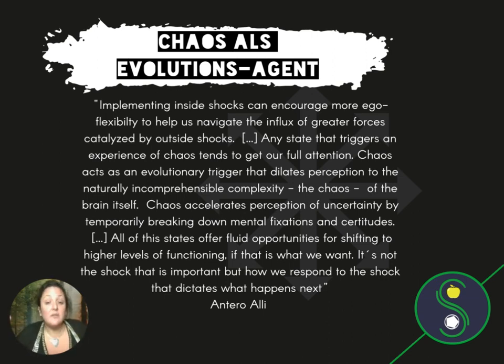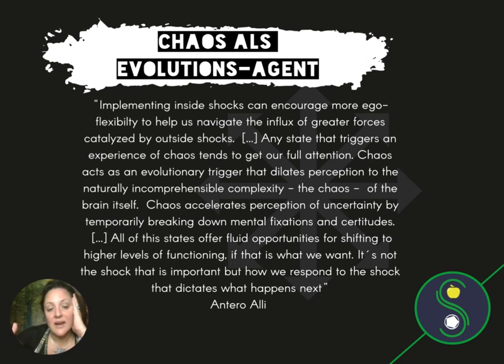So it goes out of the usual default mode network of survival strategy and increases the hyperconnectivity of the brain to find new and novel solutions to survive that chaotic state. This is the window of opportunity where we get the full attention of the system and can find new strategies.